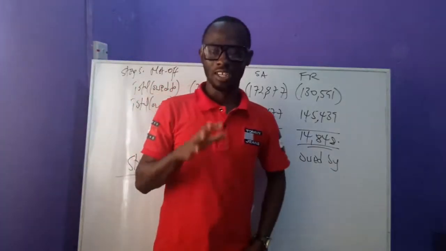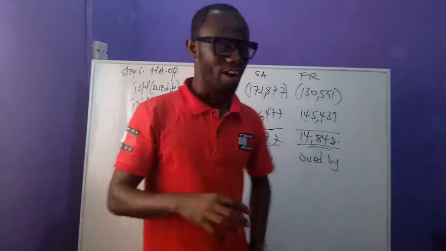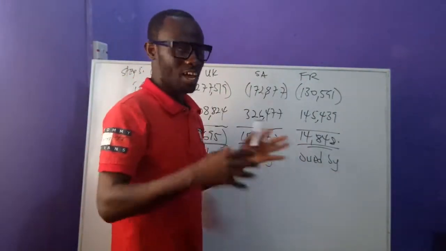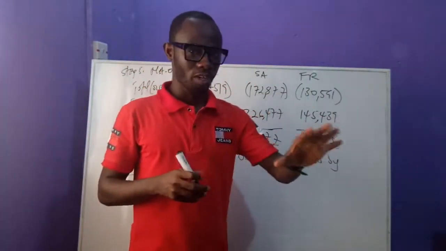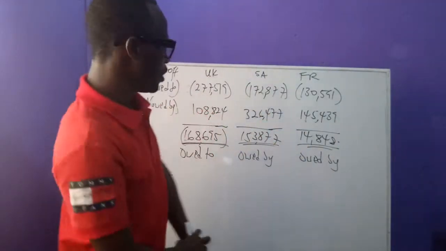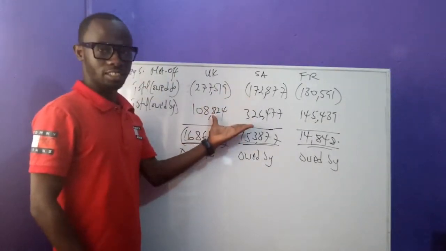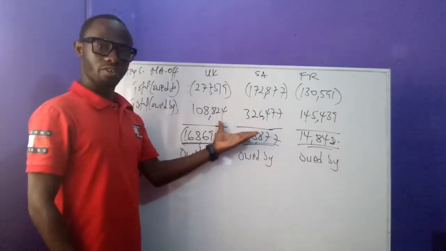I believe that you understood the steps that we went through and how we put our metrics together. The first step, the conversion, no big deal. The metrics together, no big deal. And also how we're able to do the net off, this is where the real deal is.